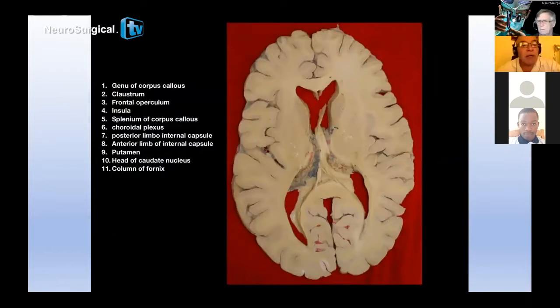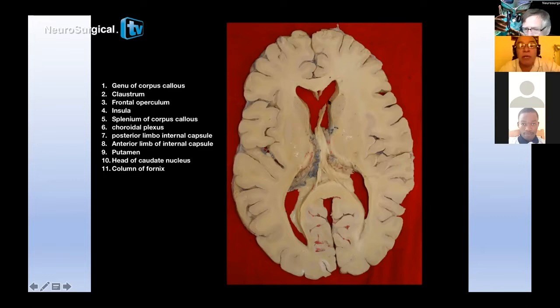Here we have the genu of corpus callosum, the claustrum, frontal operculum, the insula, the splenium of corpus callosum, choroidal plexus, posterior limb of internal capsule, the putamen, and head of caudate nucleus.